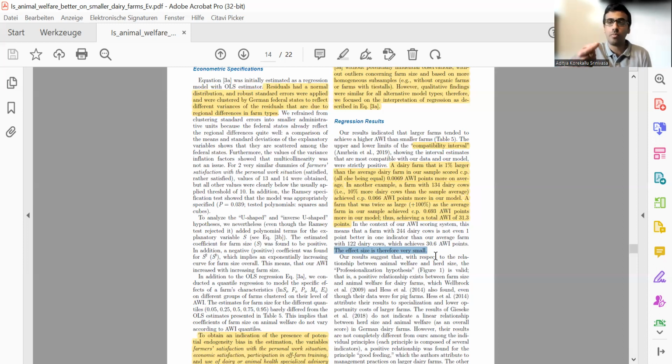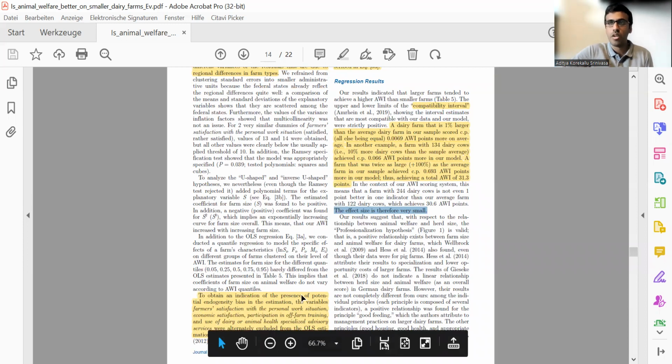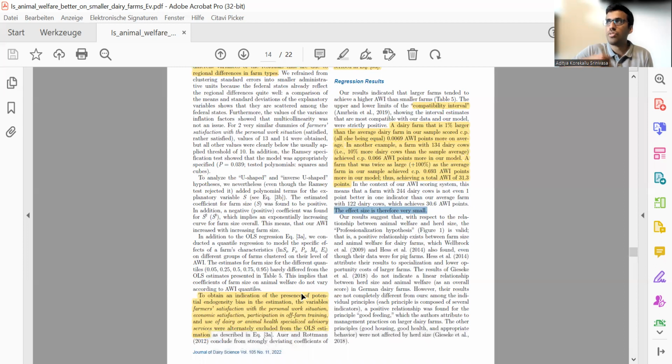That is what matters more to policy and to theory. So this is how you should develop the skill of talking about economic significance rather than only statistical significance.